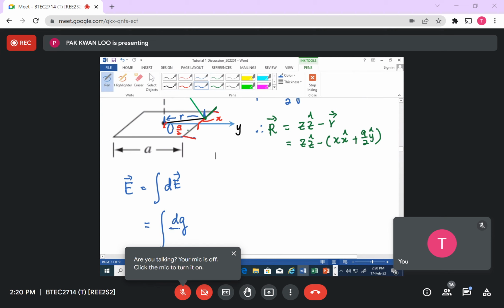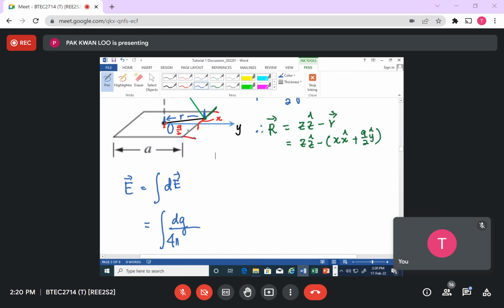Using Coulomb's law, dE is dq over 4 pi epsilon naught r cubed, r to the power 3 over 2, vector r.